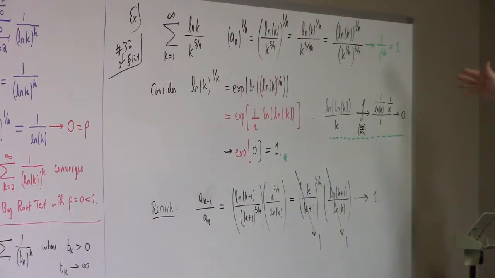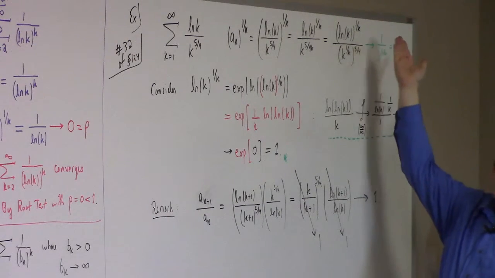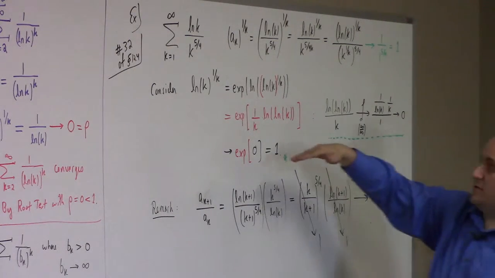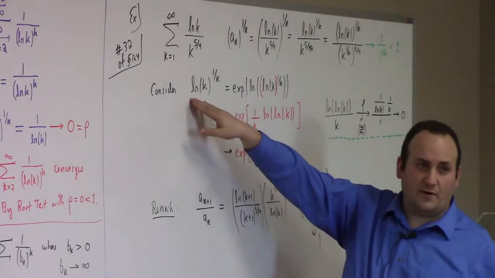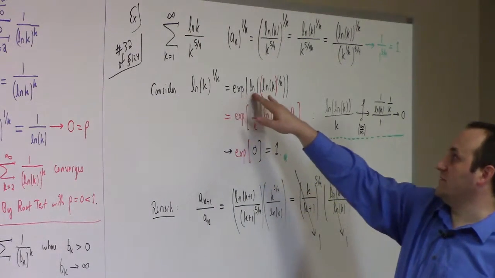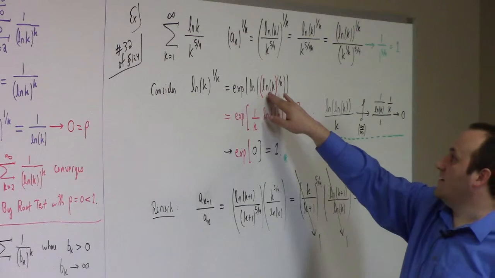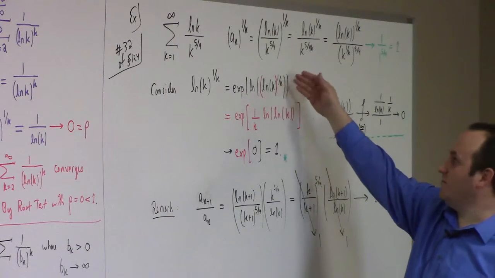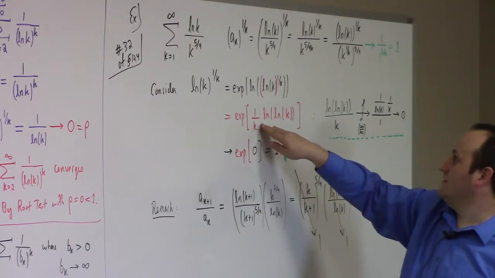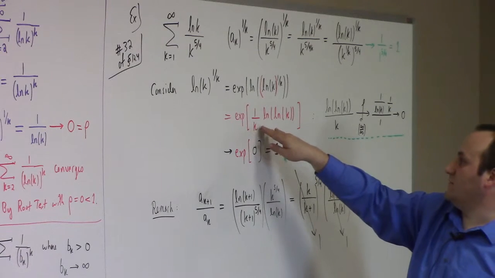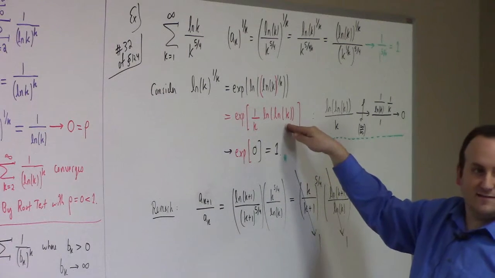The numerator, though, is ambiguous because that's infinity to the 0. To see what it does, I look at indeterminate powers: the exponential of the log, bringing the 1 over k down, gives the exponential of 1 over k times log k.